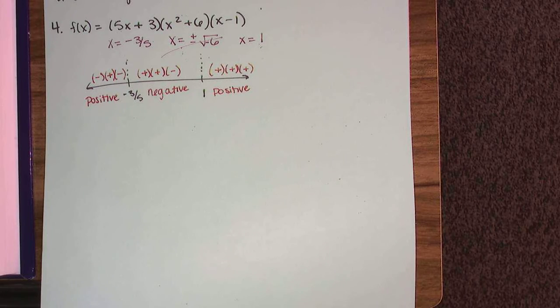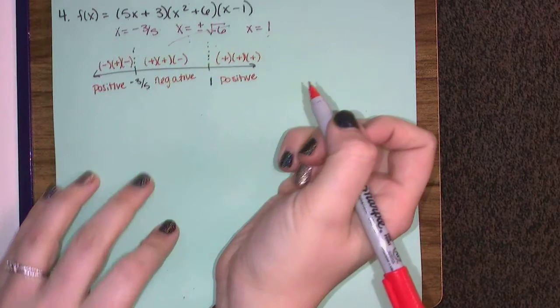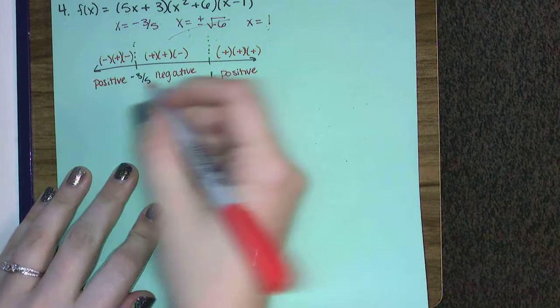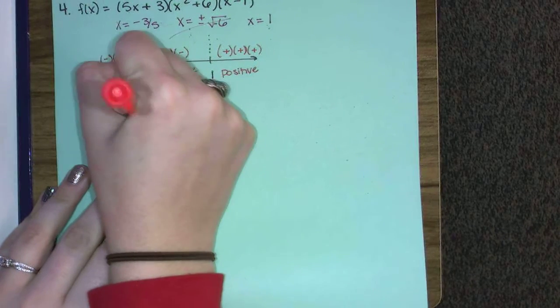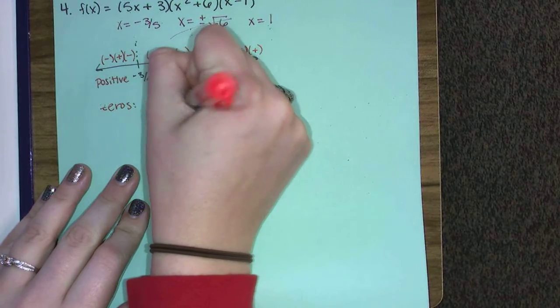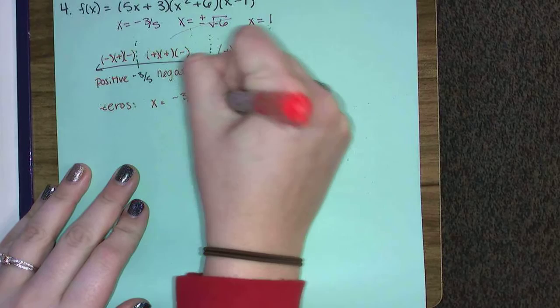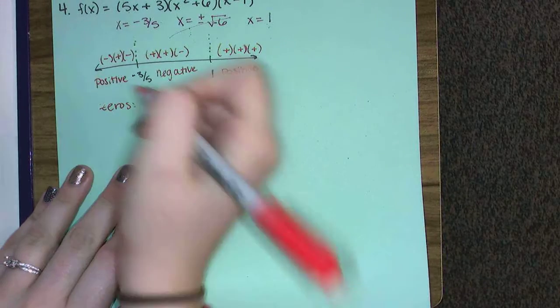All right, so I need to write my answer. Okay, so for this first one, I'm going to show you how to do it. Obviously where we have our zeros, at x equals negative 3/5 and x equals 1.